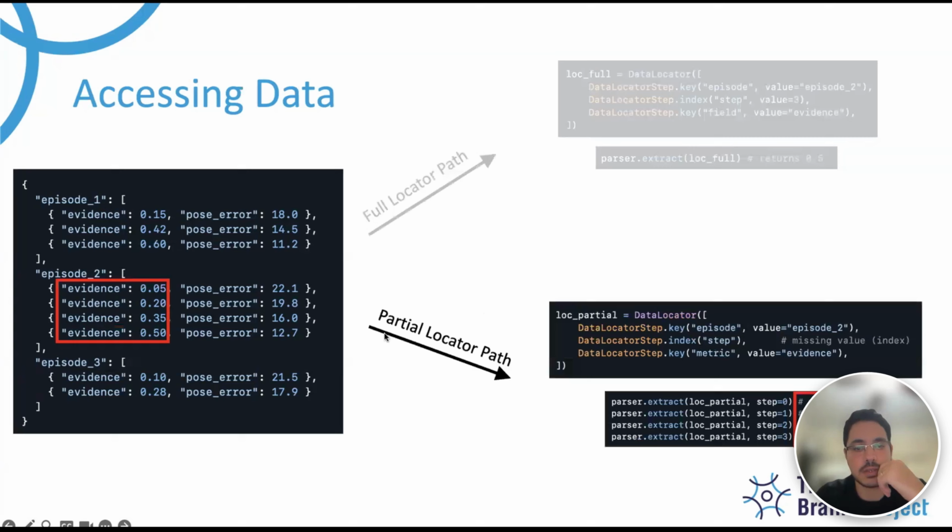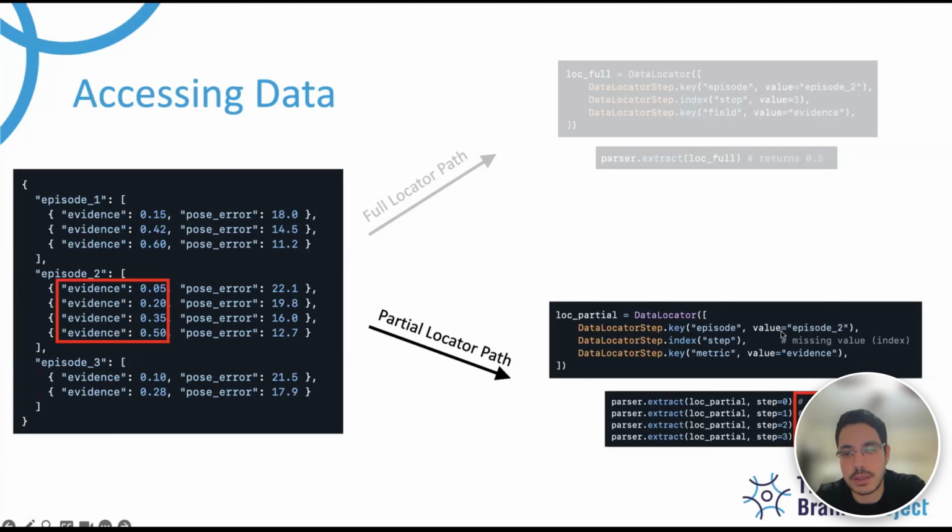So what I ended up doing is you can define the same locator, but in a partial way. This is inspired by partial functions from Python. So basically, you would not specify a value for whatever step you're missing. Here, I don't know what the step is, and I'm going to rely on the slider later on to get it.